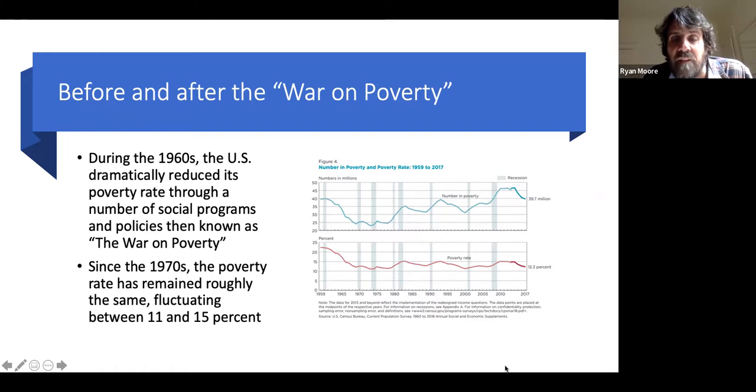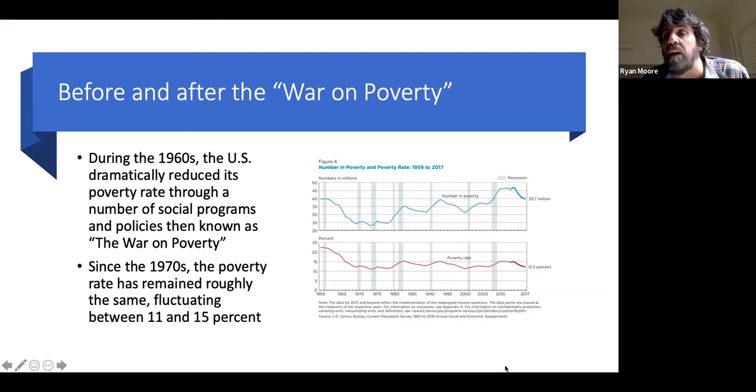And by 1970, they had gotten it down to between 10 and 15%, where it has hovered ever since. But there was a 10-year period where real progress was made. And these were the social programs known collectively as the War on Poverty in the 1960s.